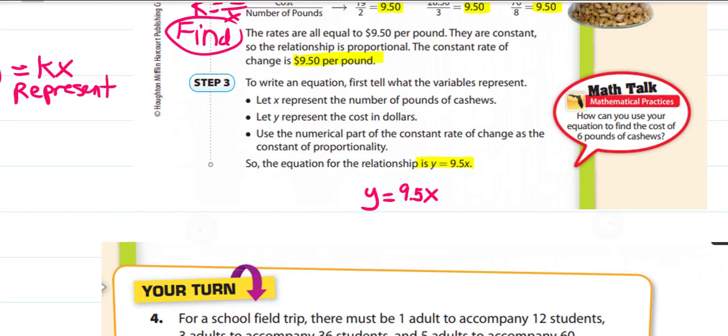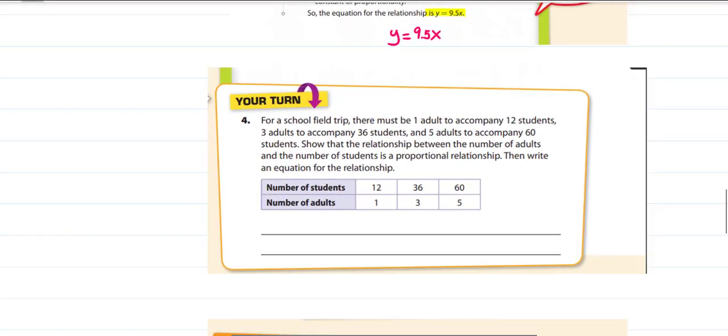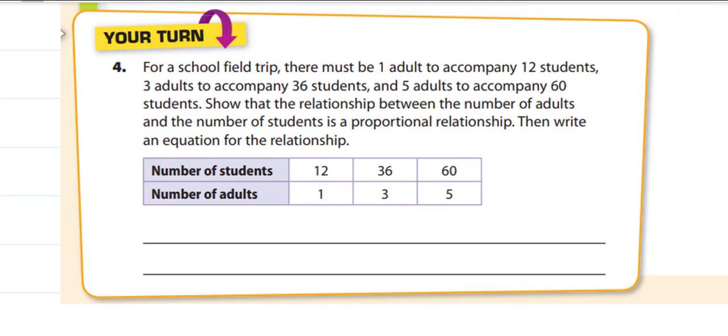All right. Let's see here. We have one for your turn to do. So if you would pause the video, read this, you're going to apply the same thing. You're going to find out if the relationship is a proportional relationship. If it is, then you're going to write an equation in the form of y equals kx to represent that proportional relationship.